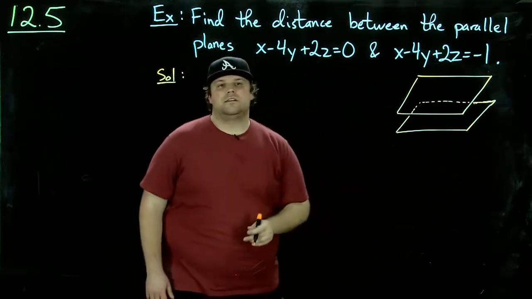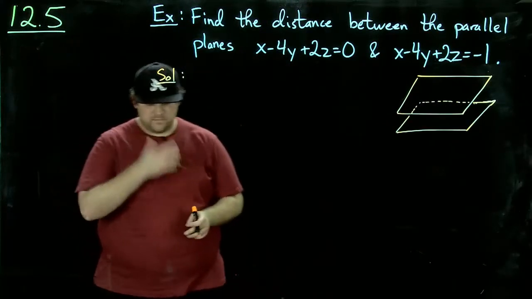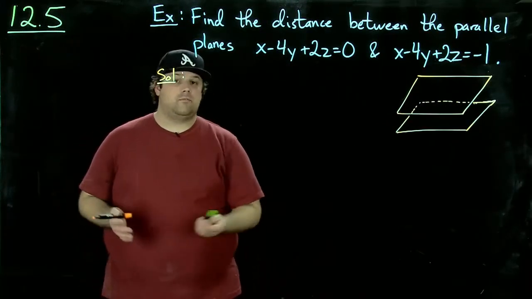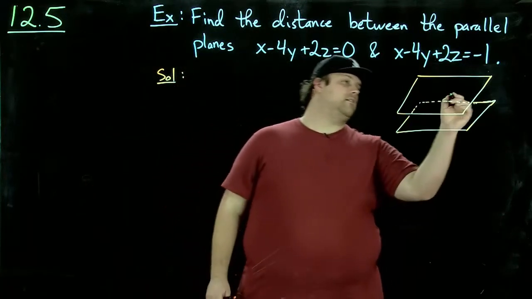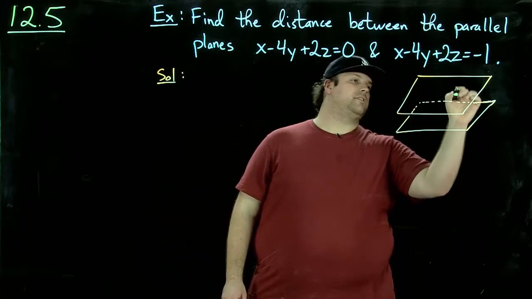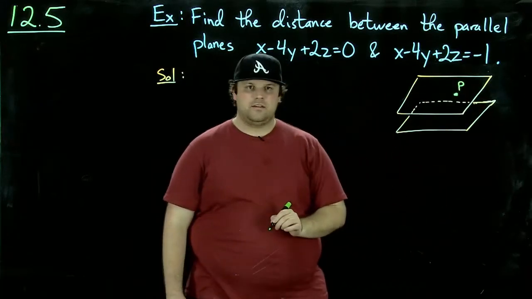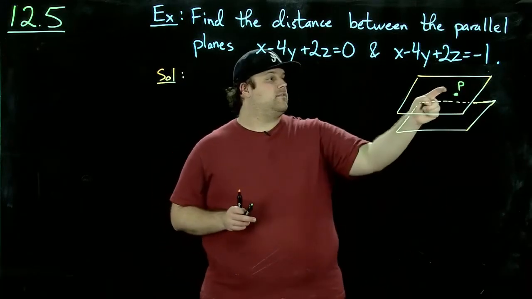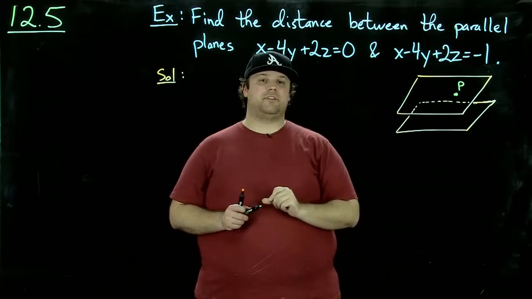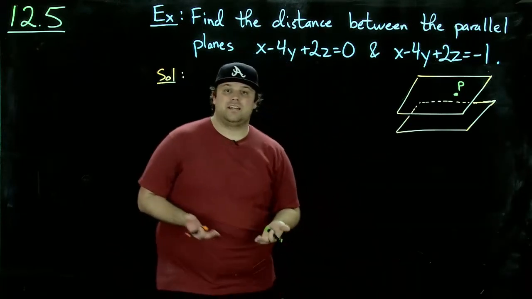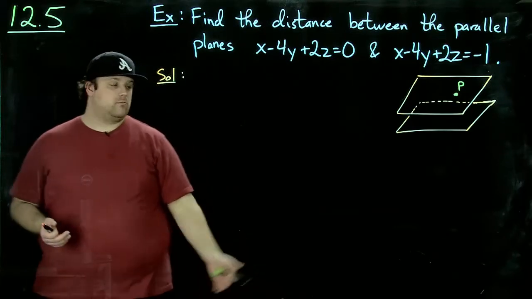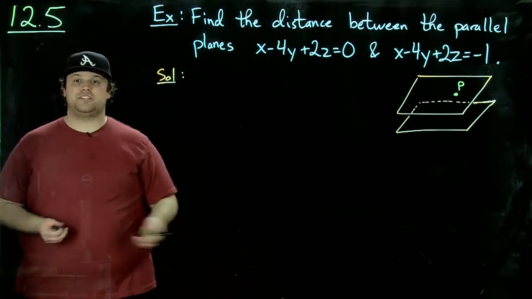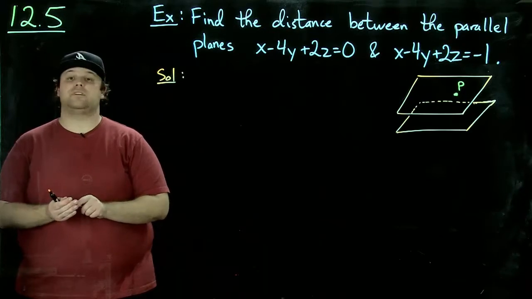So we have these two planes, and what we can really do is take some point on this top plane, call it P, and then find the distance from that point to this plane down here. And now we're right back to the derivation we just did, finding the distance between a point and a plane.